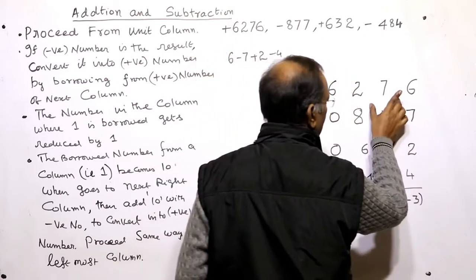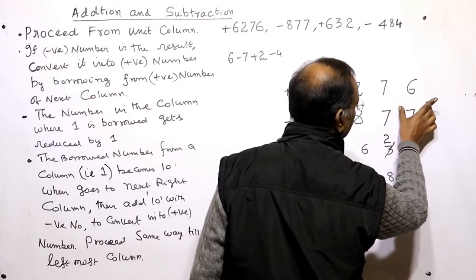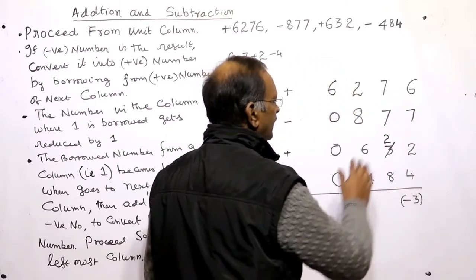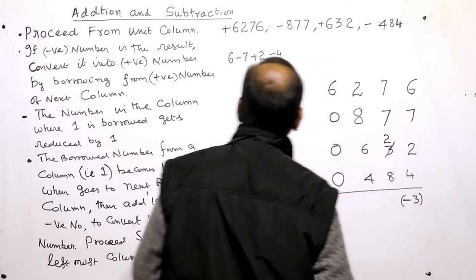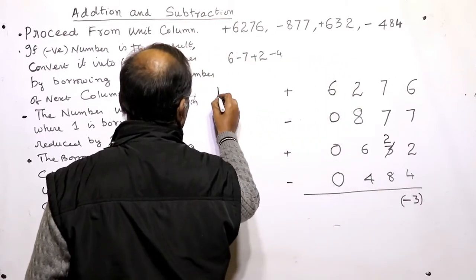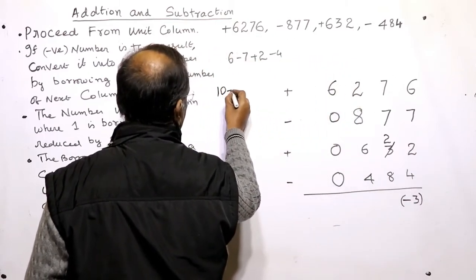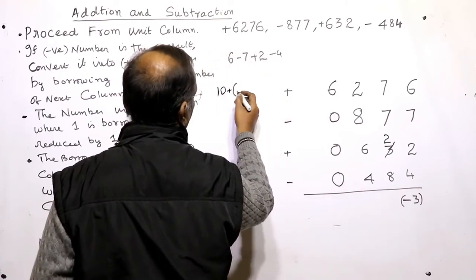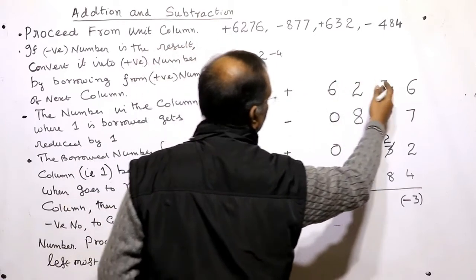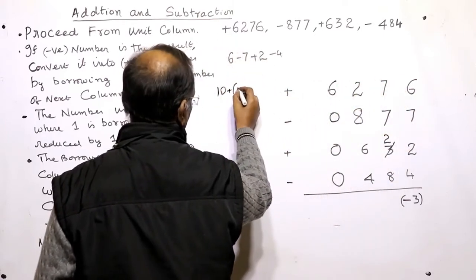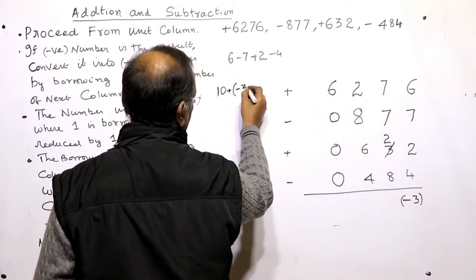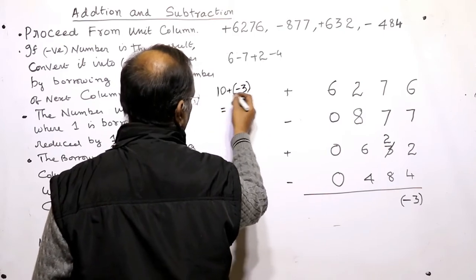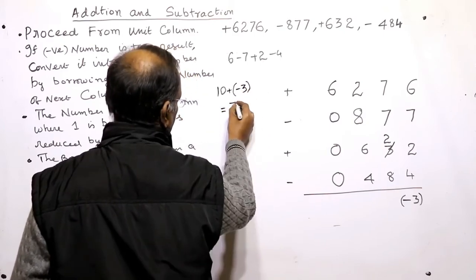Now when it goes from the hundreds column to the tens column, that 1 becomes 10. Then add the result with the borrowed number: 10 minus 3 is equal to 7.